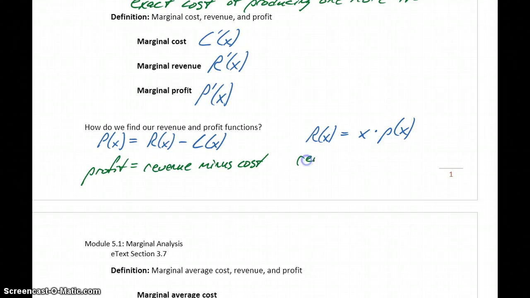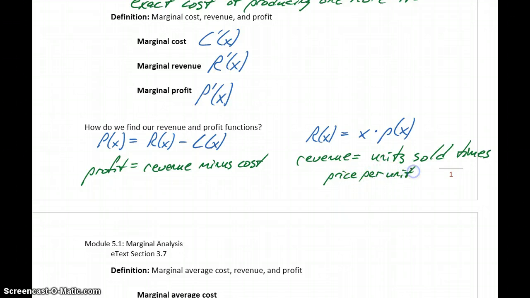So revenue can always be calculated as units sold times price per unit. Again, those are going to be two rather simple formulas to keep in mind if the profit function isn't stated explicitly or if the revenue function isn't stated explicitly.